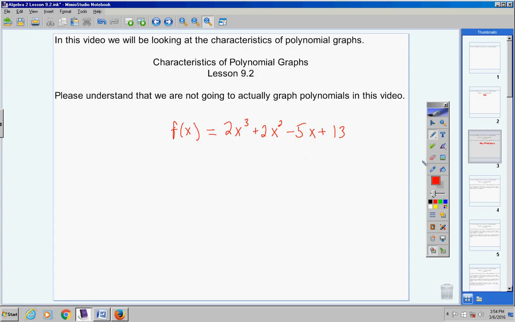So, if I asked you to graph this, you need to learn some things about it. Again, we are not going to graph them in this video. That'll be later on in this chapter, but we're starting to lay the foundation for graphing polynomial functions. So the first thing we have to do is learn some characteristics about these functions.